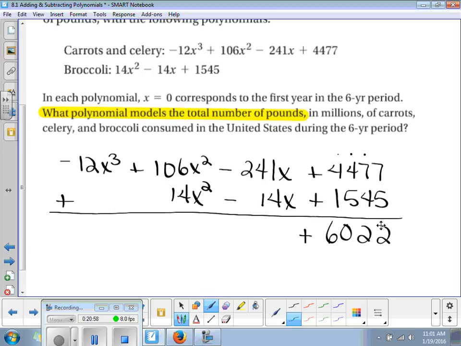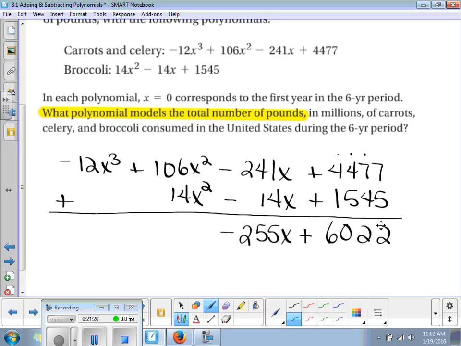Plus negative 241x plus negative 14x gives me what? Positive or negative? Negative plus a negative is a negative. So this is going to be negative 255x. Okay? See how I did that?